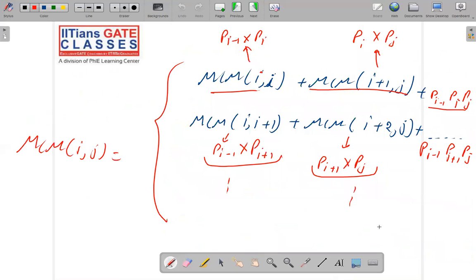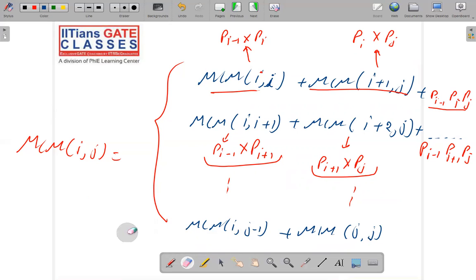In generic form, the last function call will look like MCM I,J minus 1 plus MCM J,J.